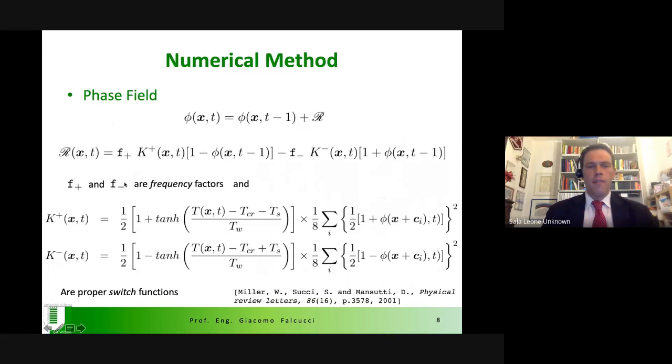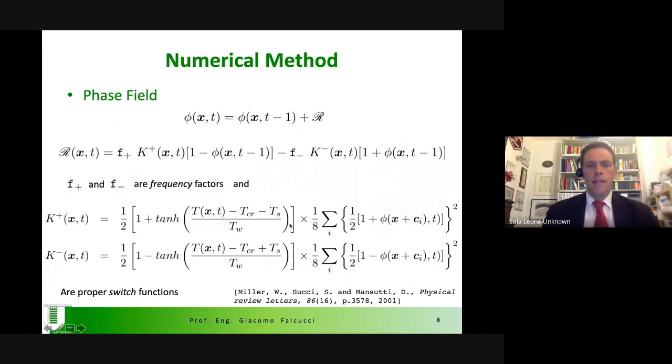F plus and F minus are frequency factors, which are related to the phase change phenomena taking place, and these K are two switch functions that have proper formulations in which you see the critical temperature at which the phase change takes place.